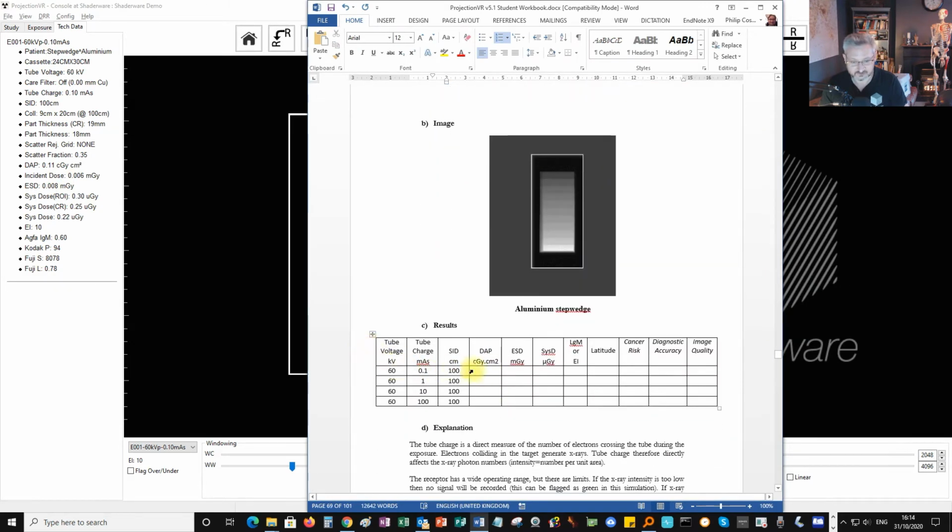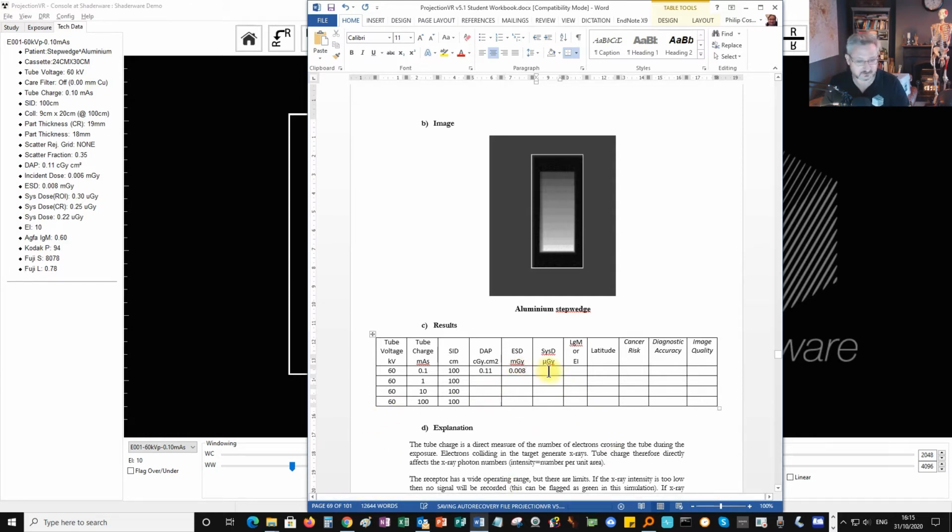Okay, so for our first exposure, it's asking for the dose area product, and the dose area product is 0.11, very small. The entrance surface dose is 0.008 milligray, so very, very small numbers.